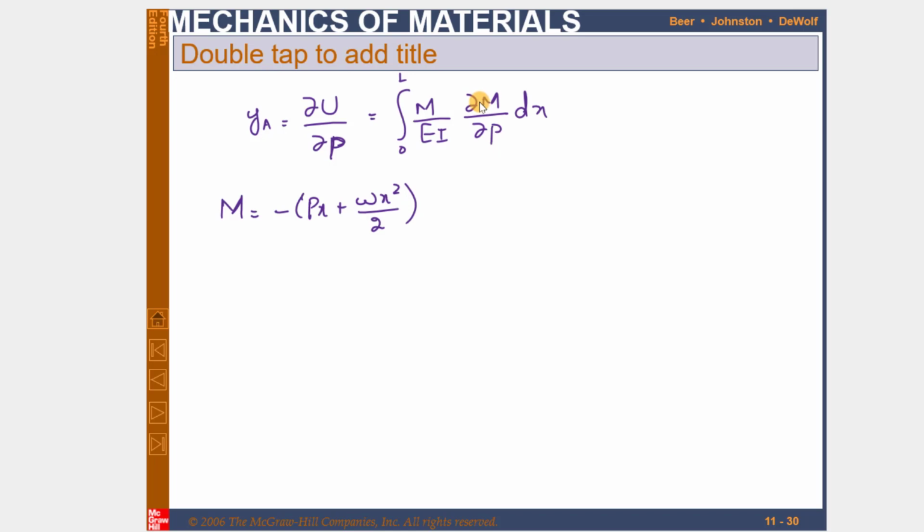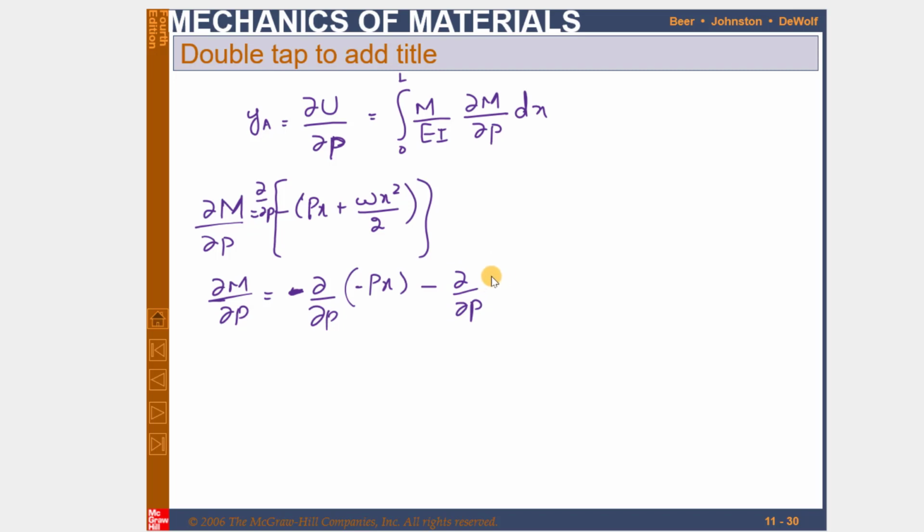Here we have a term partial M over partial P, so if you take the partial derivative, partial over partial P of minus Px minus partial over partial P of Wx square over 2.